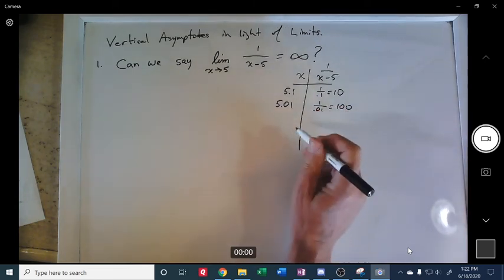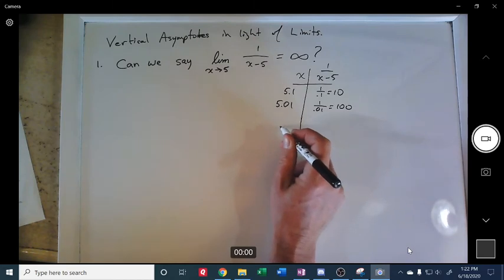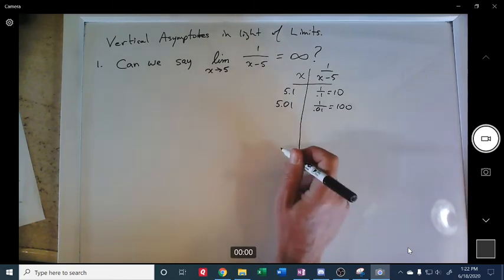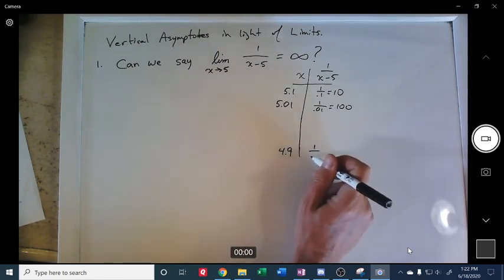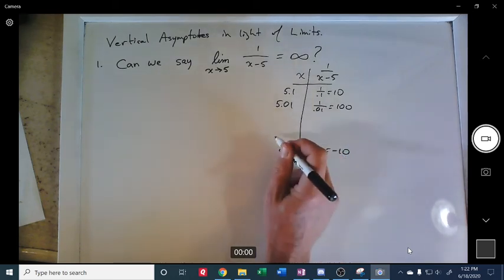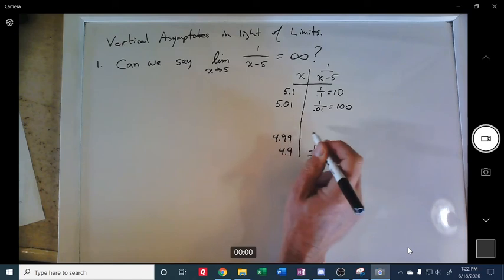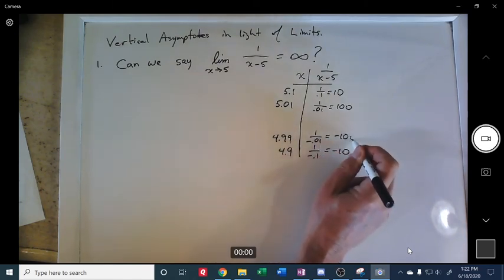But what Francis is pointing out is that we could also be approaching from the other side. 4.9, and 1 over negative 0.1 would be negative 10. 4.99, 1 over negative 0.01, which is negative 100.